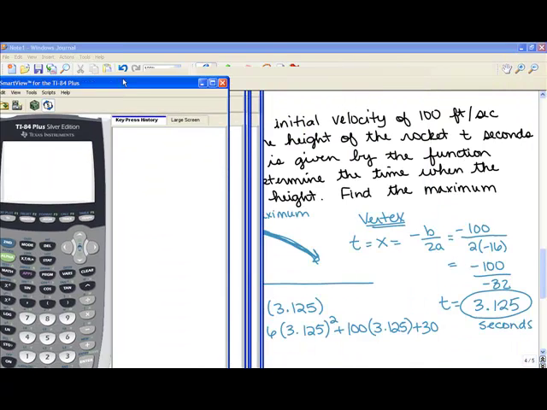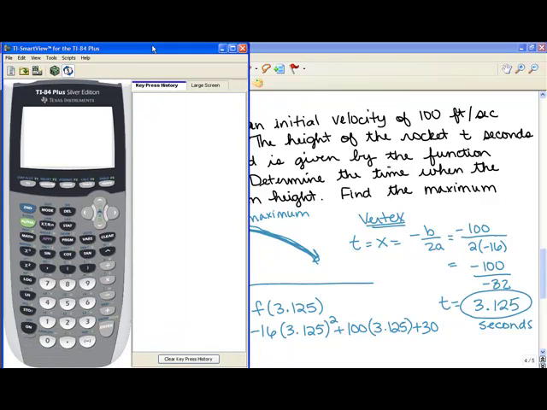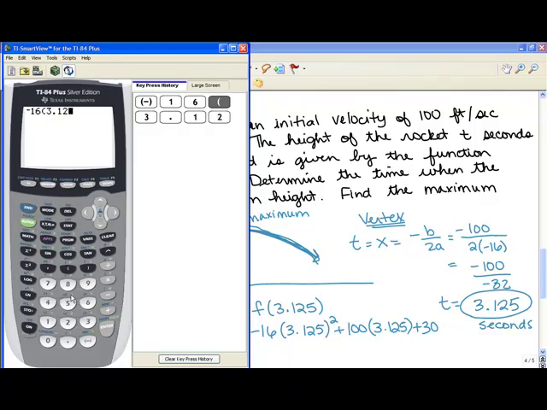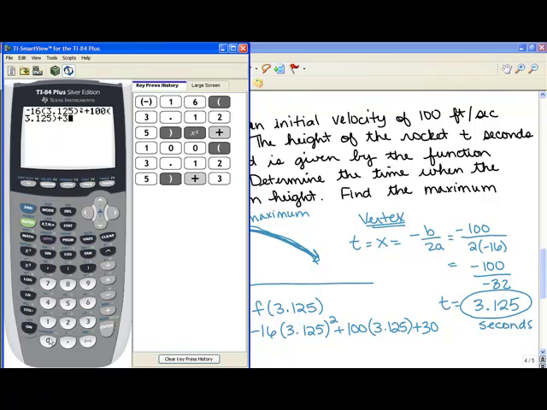Bring up the calculator here. Alright, so we'll type in negative 16 times 3.125. Need to square that. Plus 100 times 3.125 plus 30.